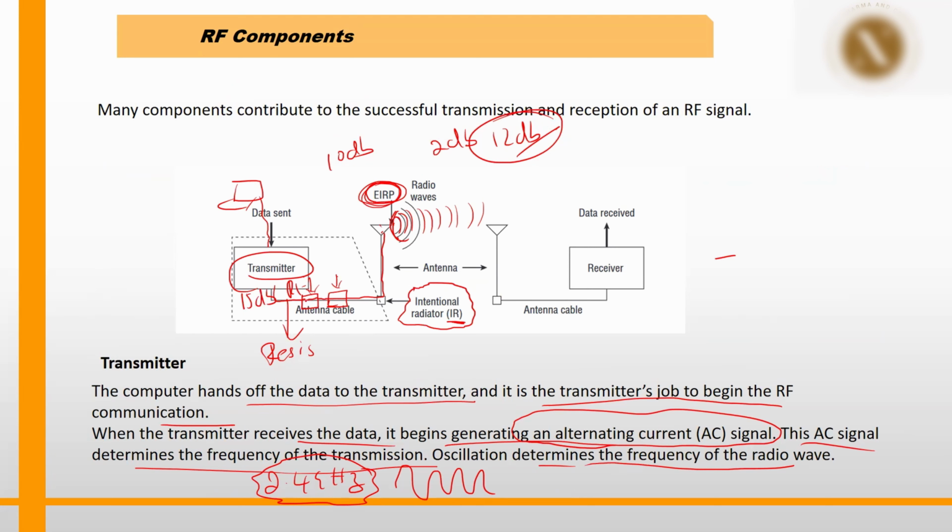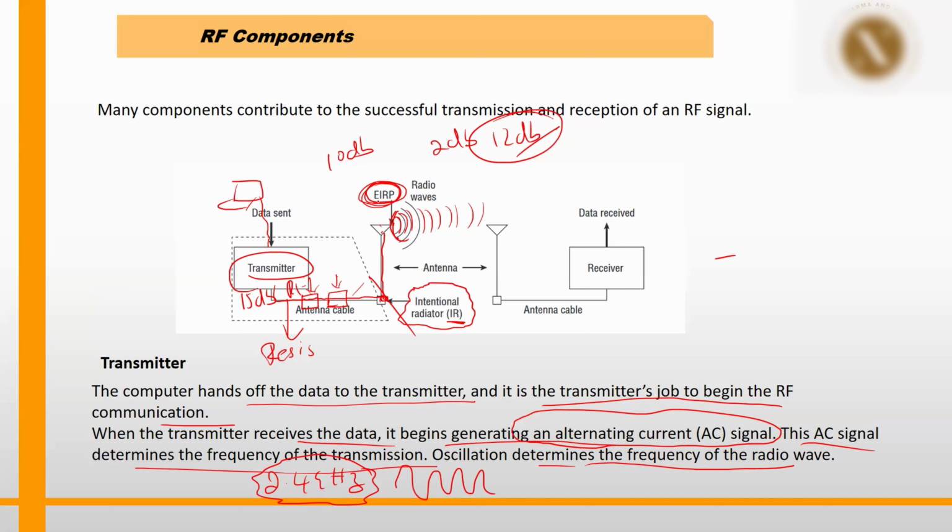Because of the attenuation it comes across, at the intentional radiator it will be less. Then this point, before the antenna, with these connectors, cables and all, this becomes the intentional radiator. Along with the transmitter, these cables and all, this much is called the intentional radiator.